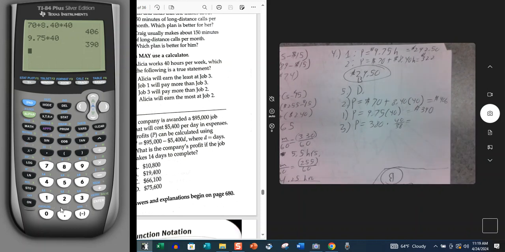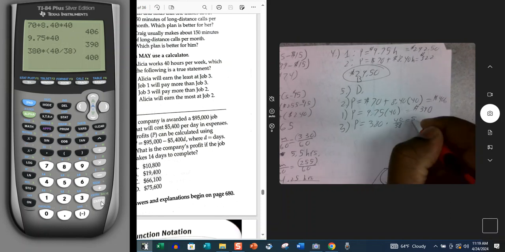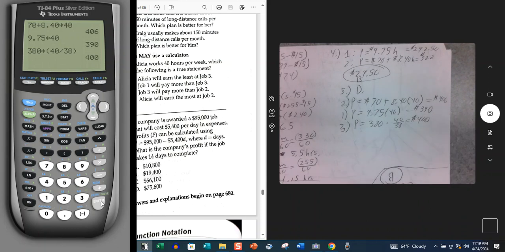And then finally job 3, we had 380 times, now of course you all have that fraction key that you all could push, but I have to do it this way, 40 over 38. And that gives us 400. Now these are the values for all 3.